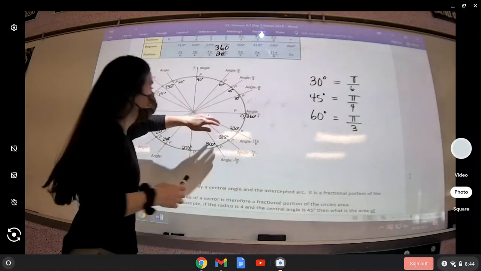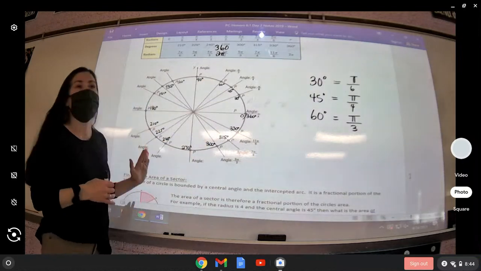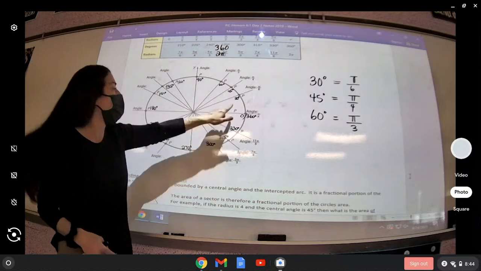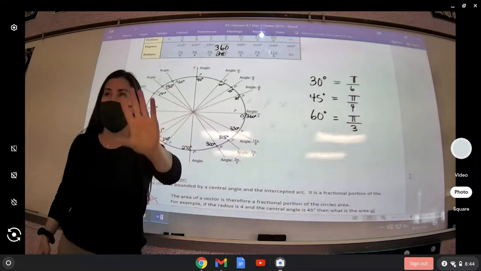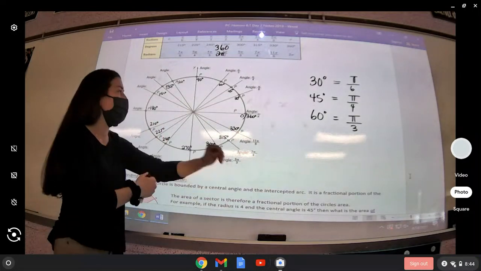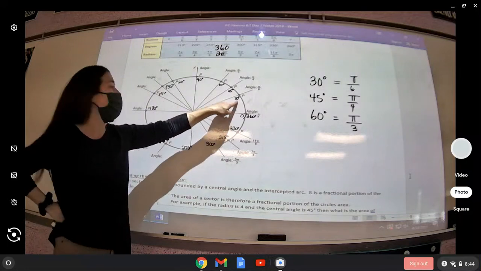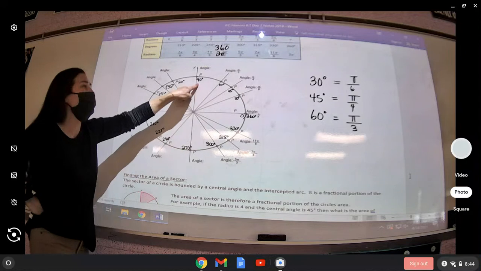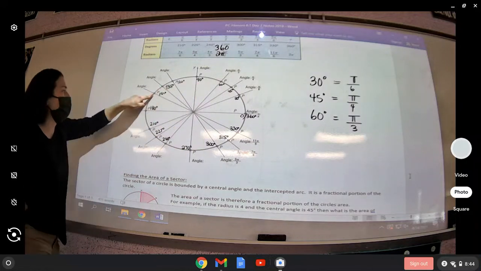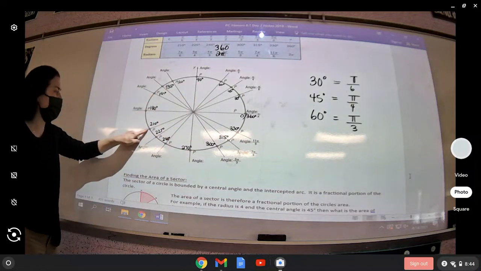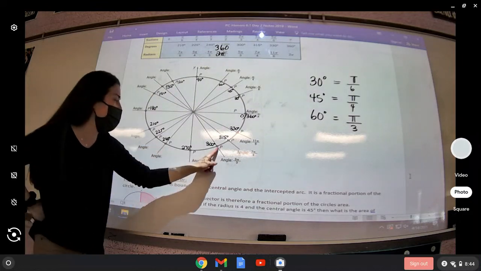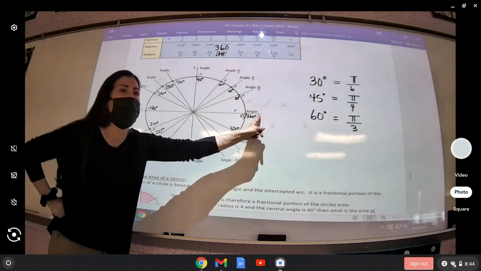All right. So, like I said, all of these are multiples of 30, 60, 45. Well, guys, I'm going to count it off. I'm going to skip the 45s. I'm just going to do your 30s and 60s right now. This is your first 30-degree angle. This is your second 30-degree angle. This is your third 30, your fourth 30, your fifth, your sixth, your seventh, your eighth, your ninth 30-degree angle, your 10th, your 11th, and your 12th.